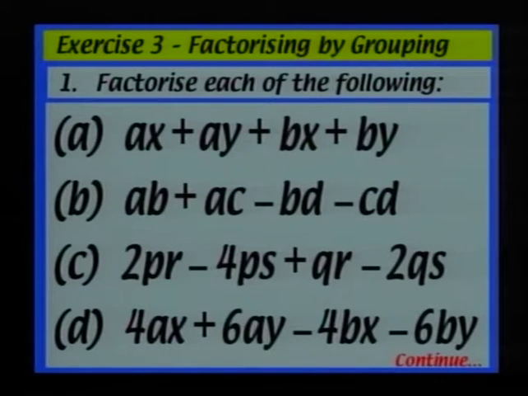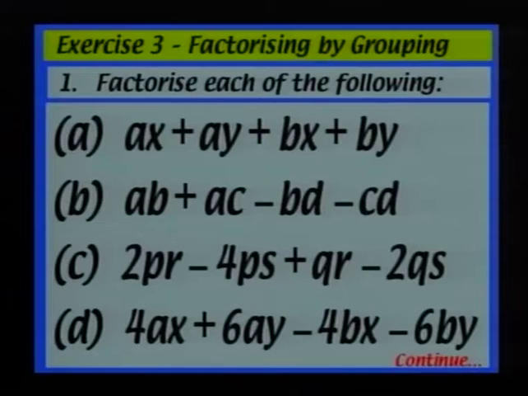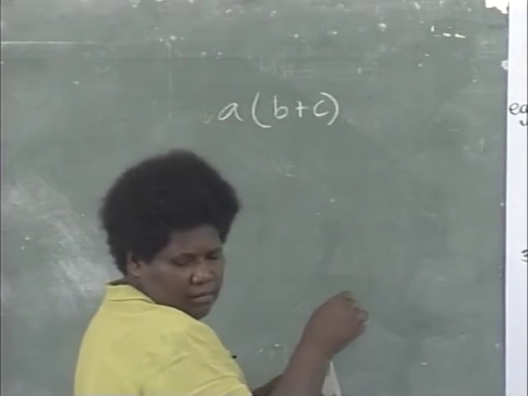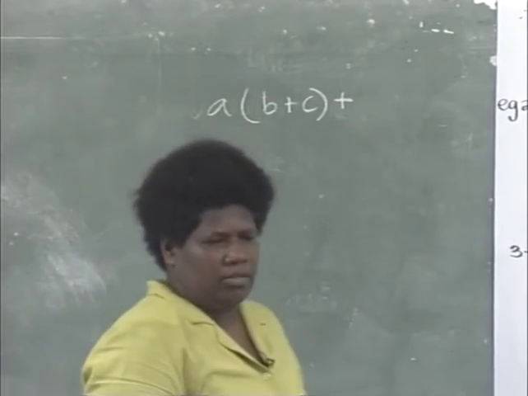Okay, Kyle, B. A outside the brackets, B plus C in brackets, plus D outside the brackets, C plus B. You've got A times B plus C, and then what did you say?